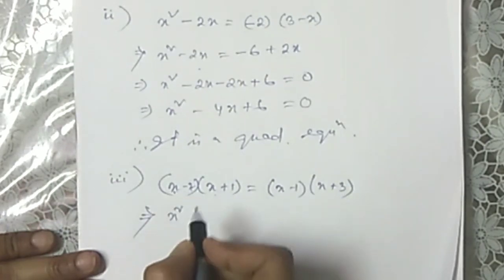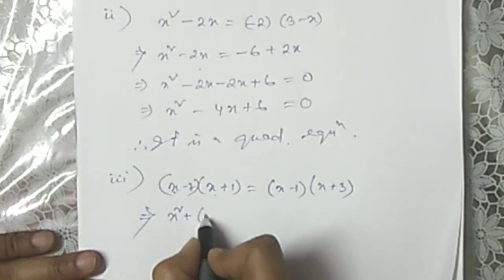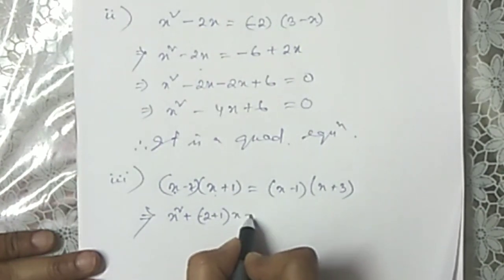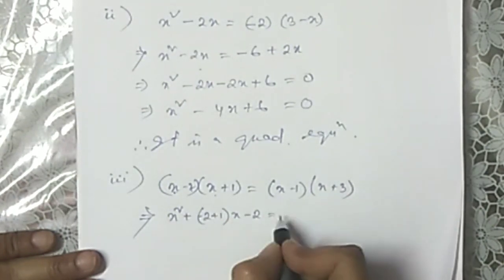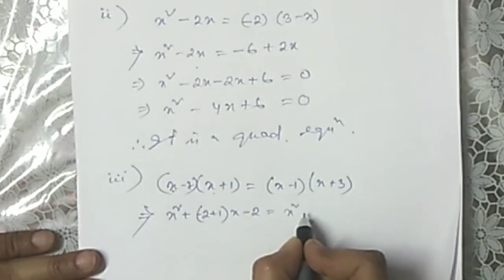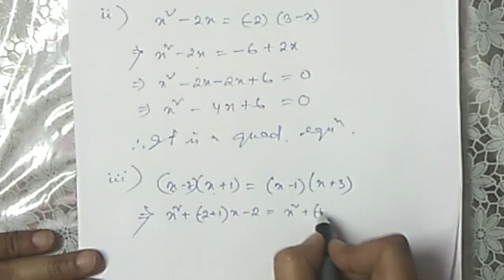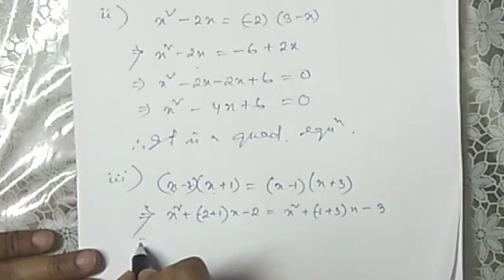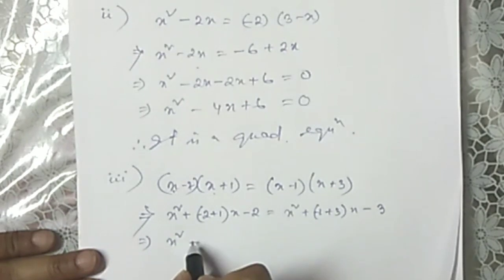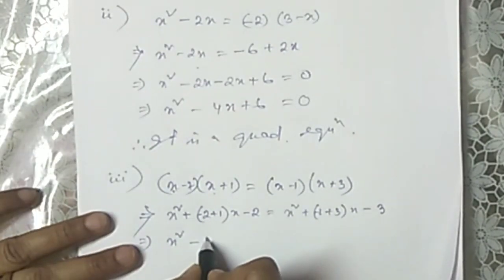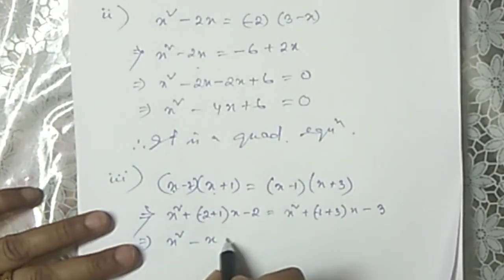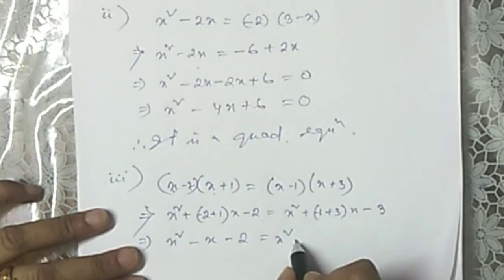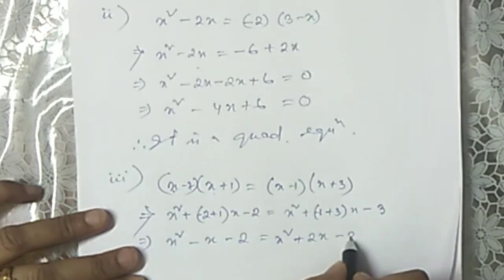So x square plus 1 minus 2 x, minus 2. Here also, x square plus 3 minus 1 x, minus 3. So x square minus x minus 2, then x square plus 2x minus 3.